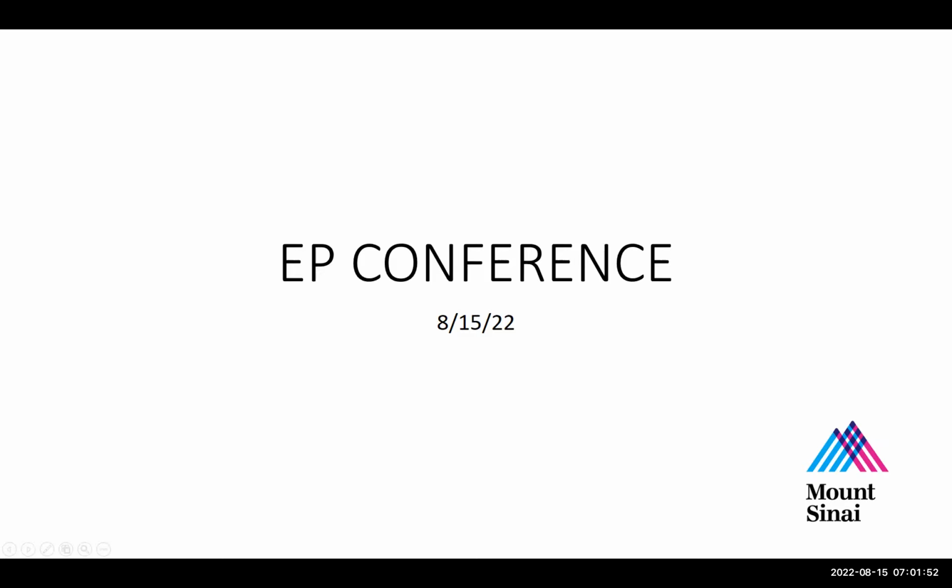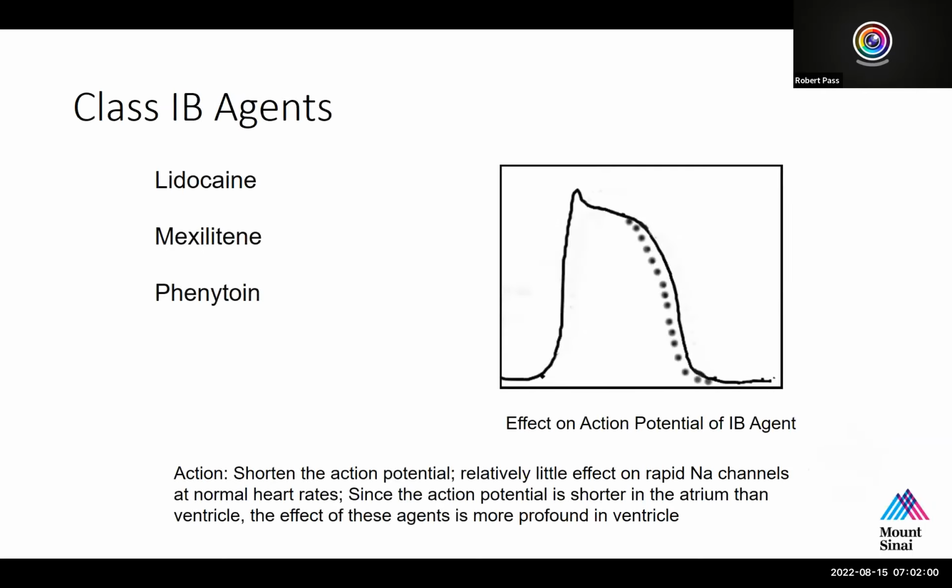Okay. So since we're early in the year, we're going to start off with some comments about drugs again. Today we're going to do 1B agents, which are lidocaine, mexiletine, and phenytoin. I'll remind you that if we look at the action potential, these agents will shorten the action potential in roughly this manner, as the dotted line suggests.